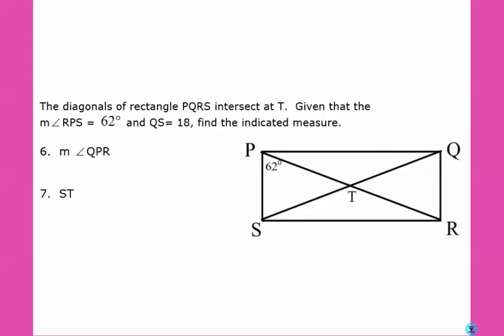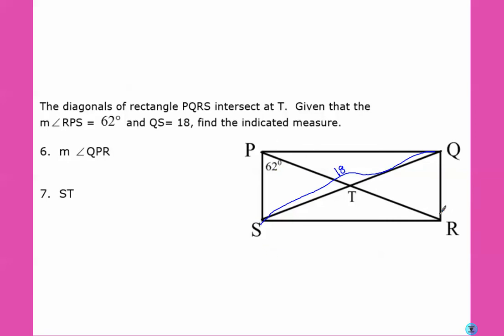Let's look at a rectangle. The diagonals of rectangle PQRS intersect at T. Given that RPS is 62 and Q to S, this whole thing, is 18, calculate the indicated measures.